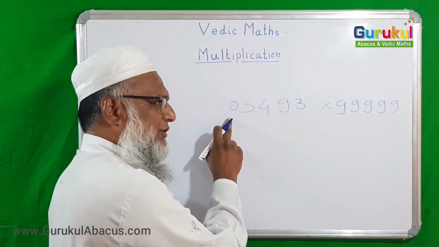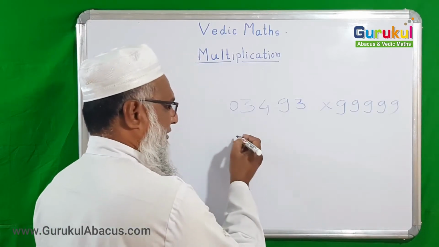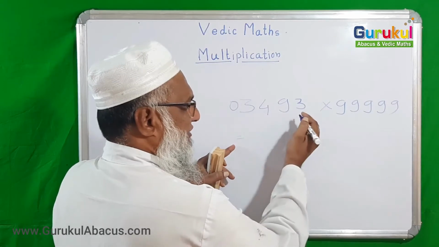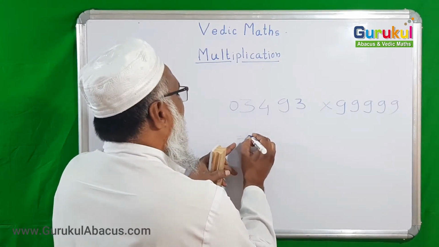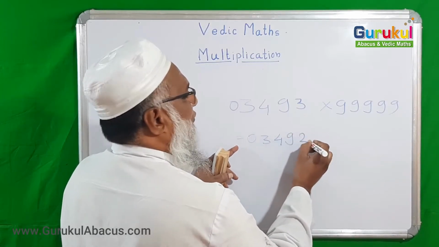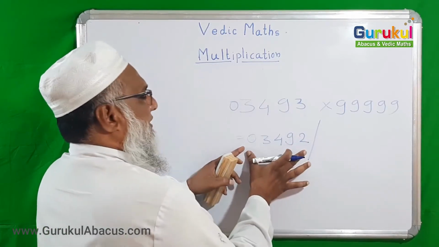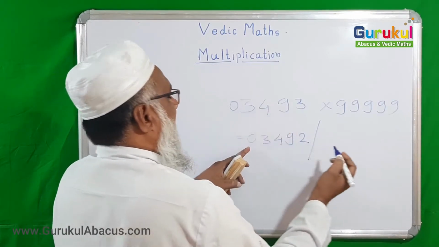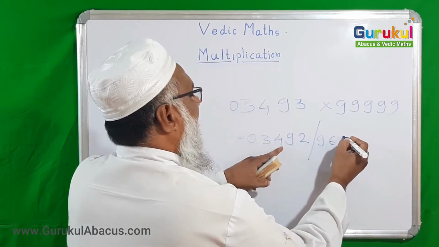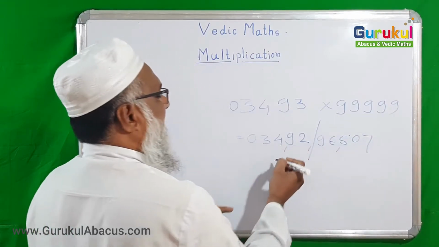The value has not changed, so no problem. Now write all the digits including 0 as it is, just lessing 1. So I write 0, 3, 4, 9, 2. Now to write the further part of the answer, subtract all those digits from 99999. 9 minus 0 is 9, 6, 5, 0 and 7. So this is my answer.